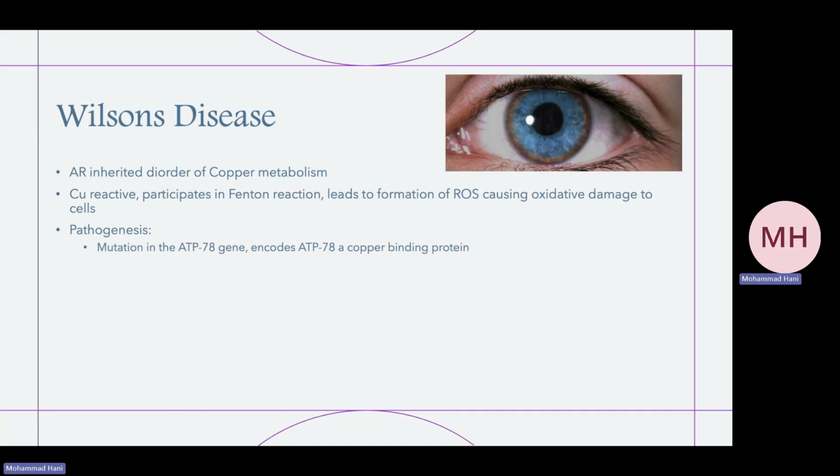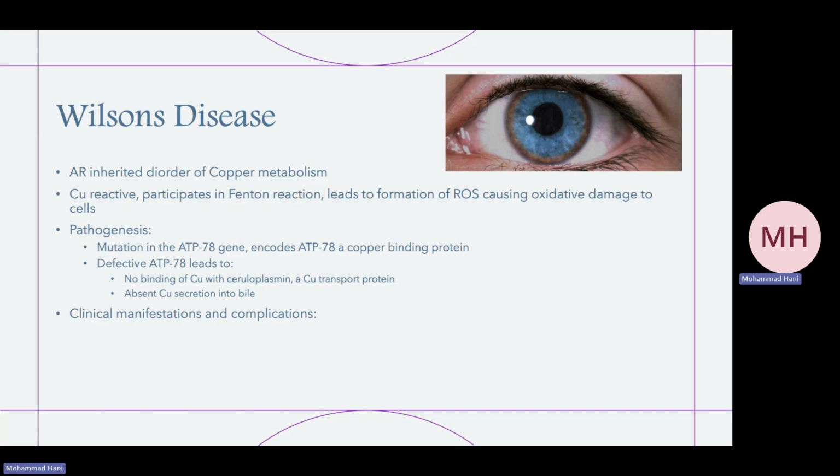So the normal function of ATP7B is that it binds copper to ceruloplasmin, which is the plasma transporter for copper, and it also helps it get released into bile in case it is excessive. So lack of functioning ATP7B makes these two main functions absent, and once these are absent, copper starts accumulating in the liver, obviously, and can also start accumulating extrahepatically in other sites.